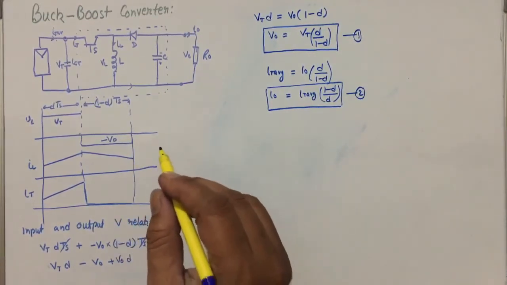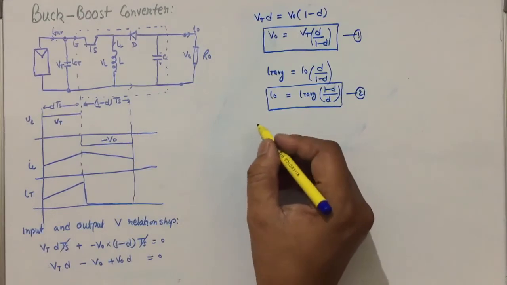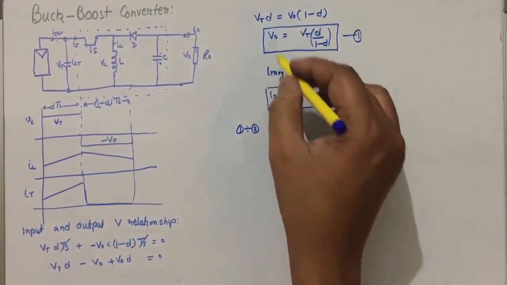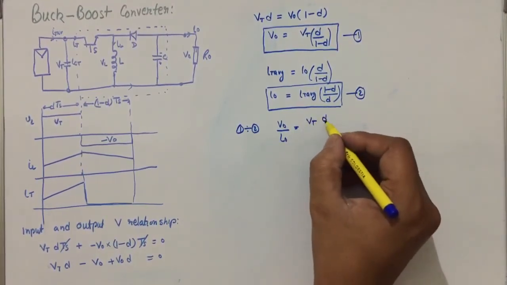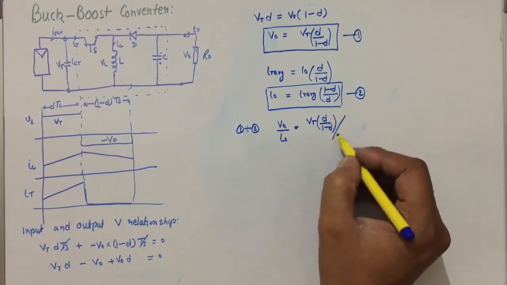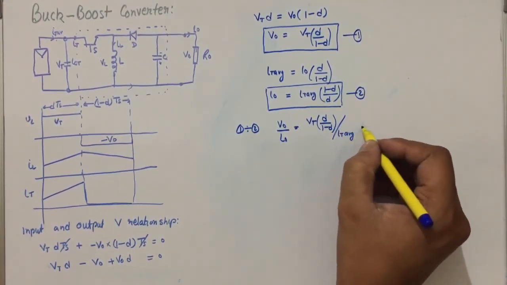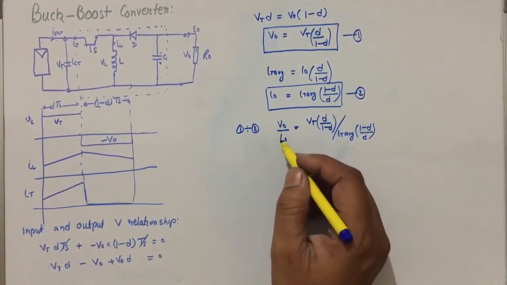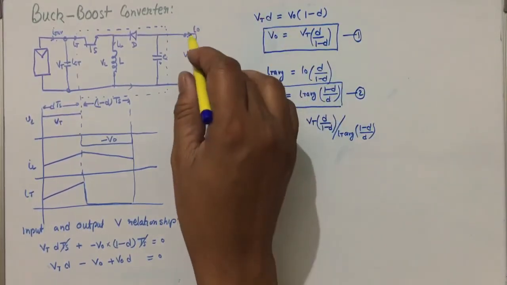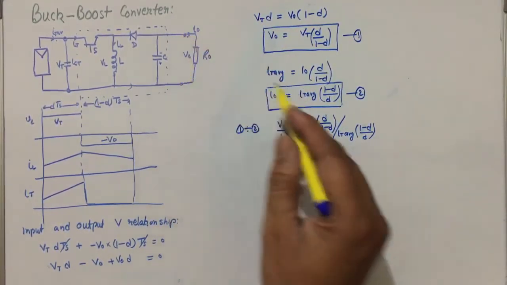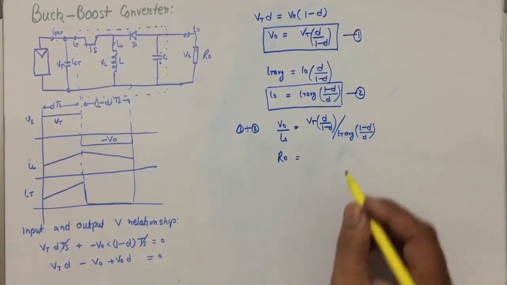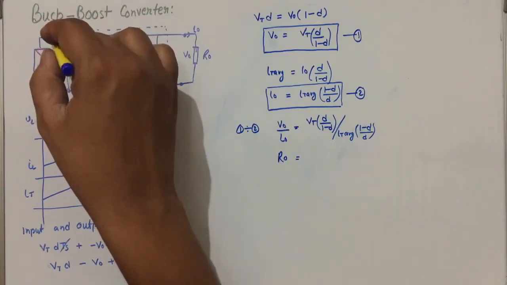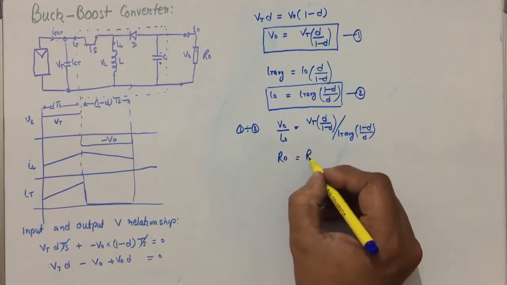If we require the relationship between R naught and RT, then divide 1 by 2. We get Vt D divided by 1 minus D, divided by IT average times 1 minus D divided by D. Here the voltage across the load divided by the current of the load gives the impedance of the load, and the voltage across the panel input terminal divided by this current gives the input side impedance, that is RT.